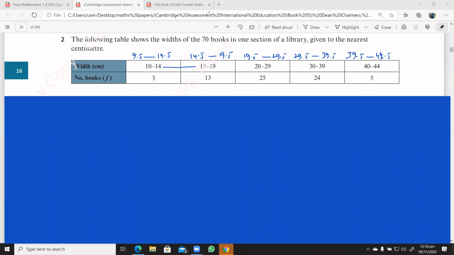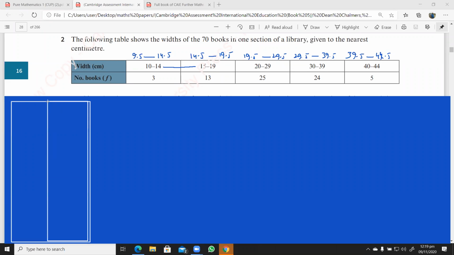Okay, so let's now draw its cumulative frequency distribution. So we have widths here.